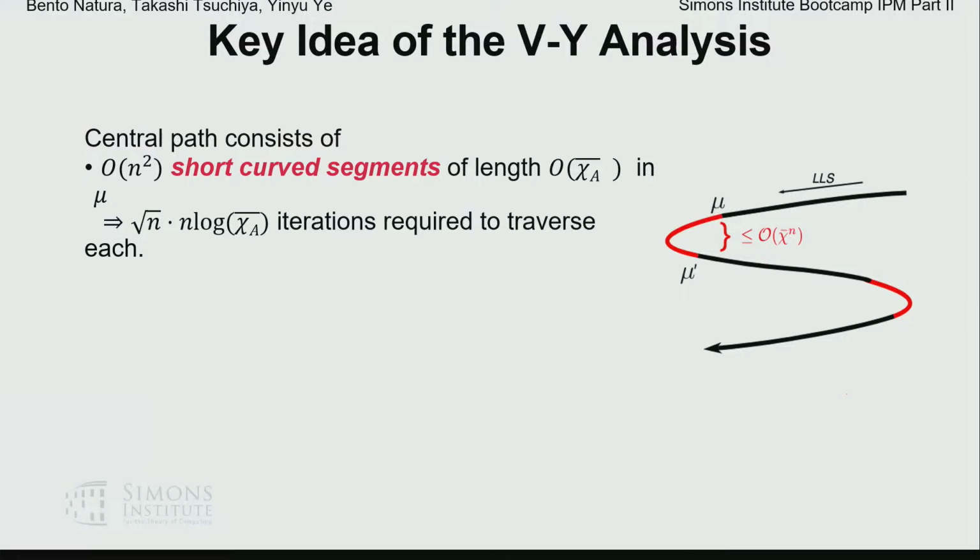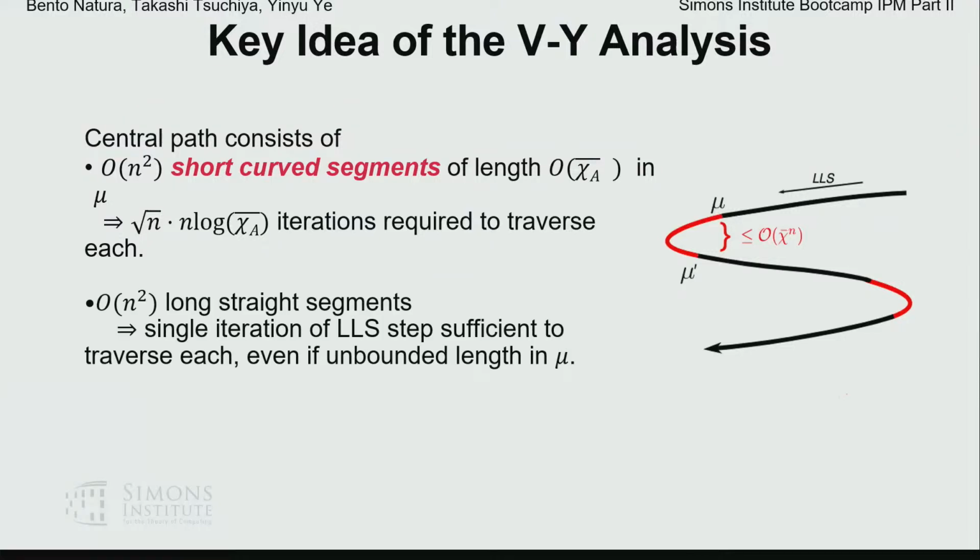Okay? Then we further prove that these sharp curved turning points, or kink points, can appear no more than n² times for any given linear programming. So you can think of linear programming as composed of n² relatively smooth parts. In those parts, you can take a very large step.